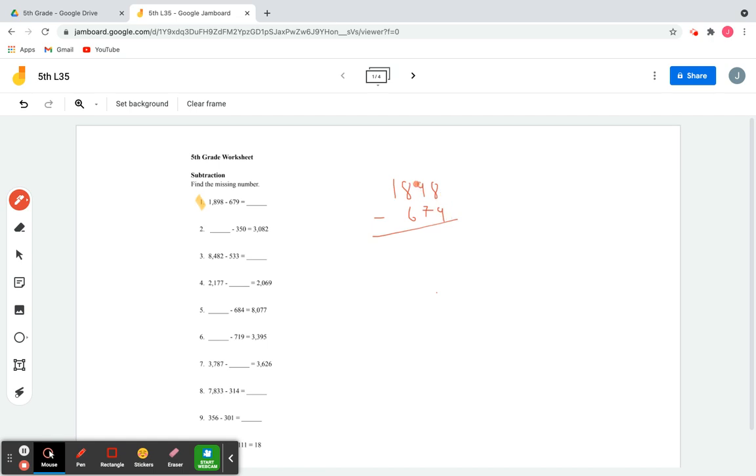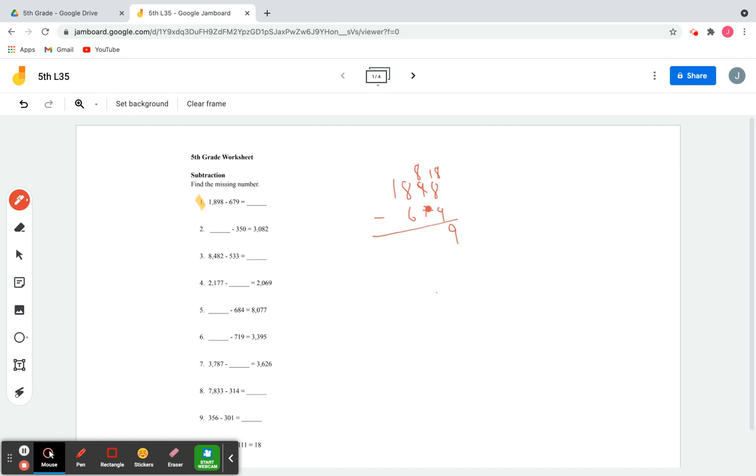So I'm going to make this 9 into 8 and then give 1 here. So this is on the tens place, so it's the same as 90 actually. So when I give 1 here, it's becoming the same as 18. Right? So now we have 18 here. So 18 minus 9 is 9.